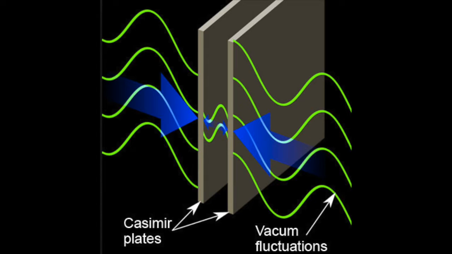So back to the Casimir effect. So imagine that you have two uncharged plates placed very closely together in a vacuum. And since they are placed so closely together, the quantum fluctuations are much smaller than outside the plates. So giving it, relatively speaking, a smaller energy than outside the plates.